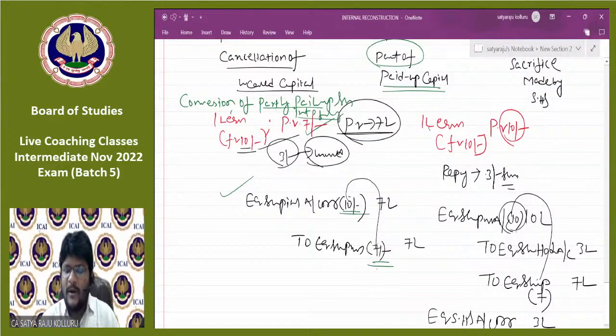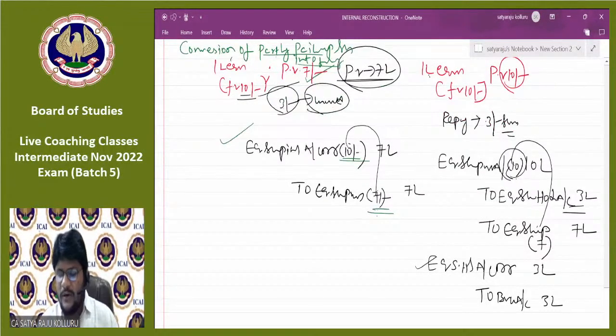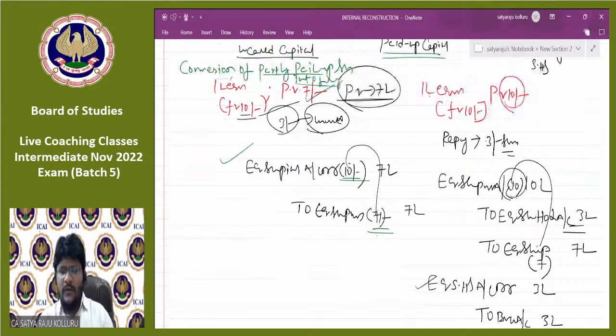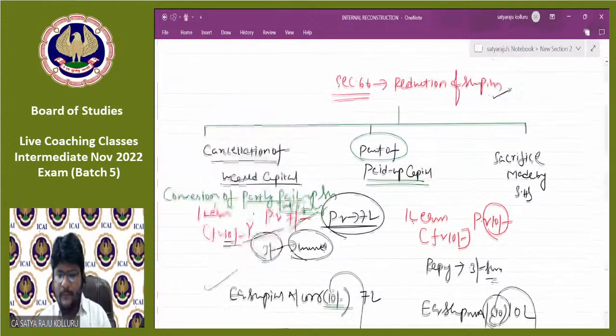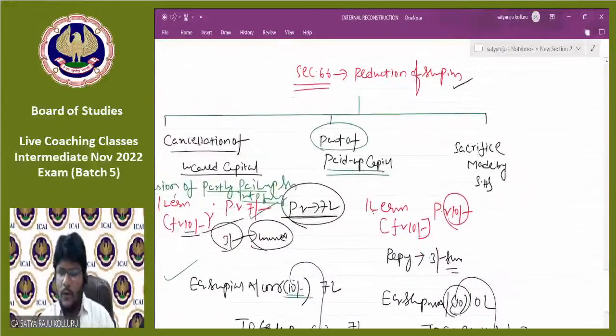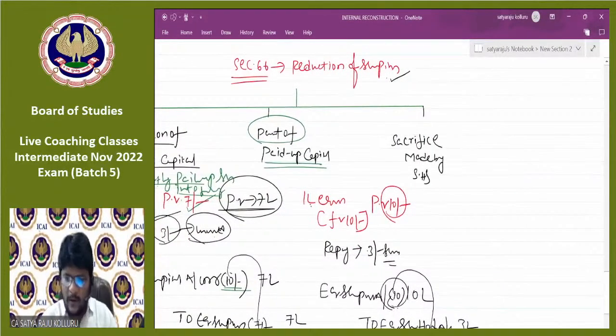But in case of payment of paid up capital, we are paying a certain portion to the existing equity shareholders, that is equity shareholders to bank account. Do you understand what I am telling here, all of you? So, payment of paid up capital, which is the normal course that generally happens, also forms part of reduction of share capital.